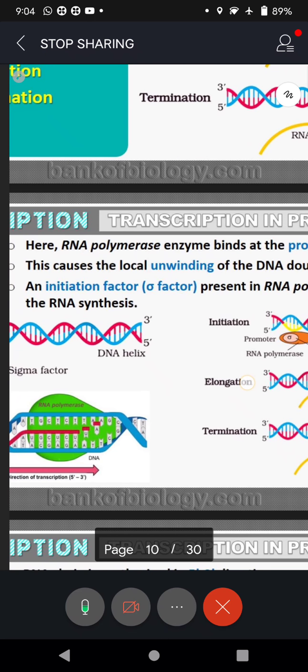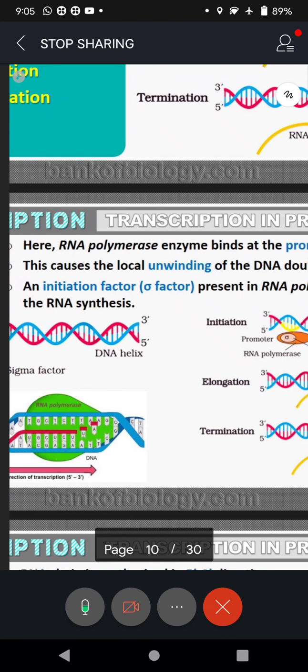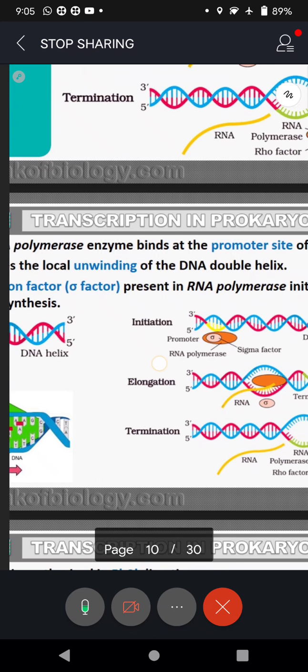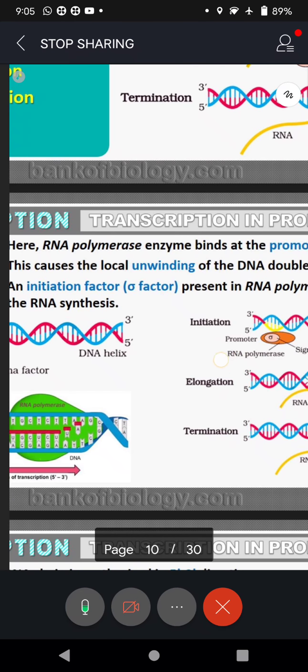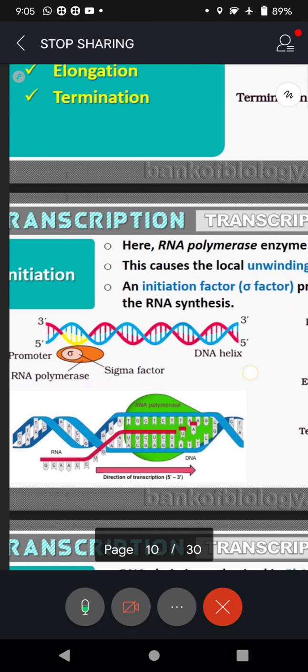And second, this causes local unwinding of the DNA double helix. And then an initiation factor, just now we said sigma factor, present in RNA polymerase initiates the RNA synthesis. This is what we discussed up to now.